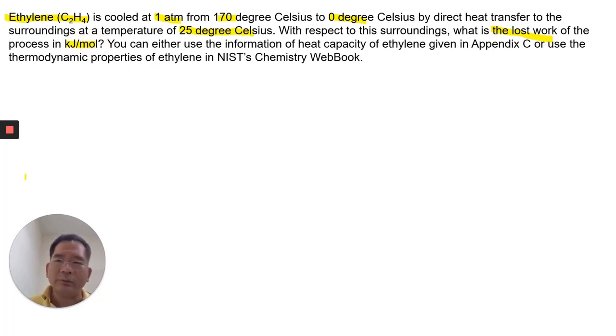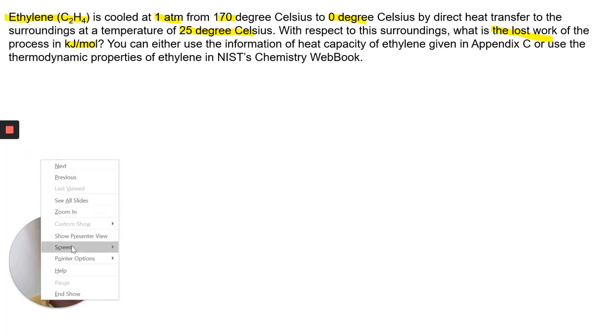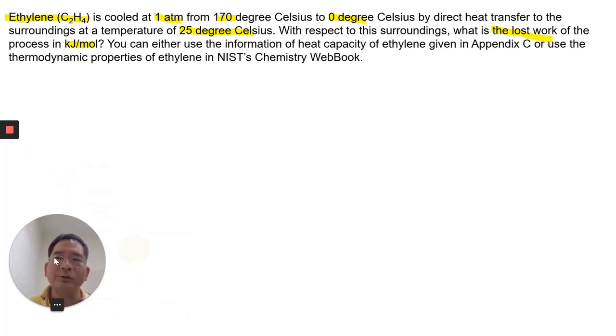So when you work on any problem, you must figure out what is the chemical and you have to use the information for that chemical. Next, you have to know what is the pressure. This is P1 and this is P2.